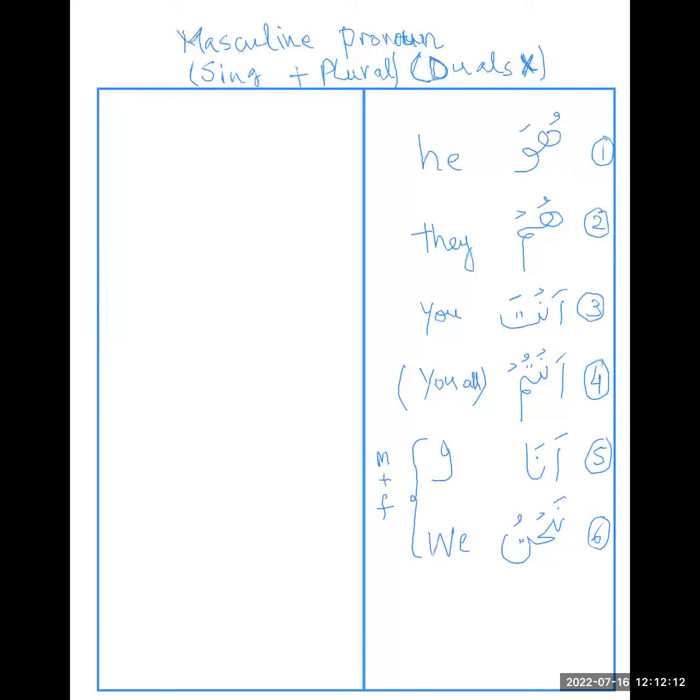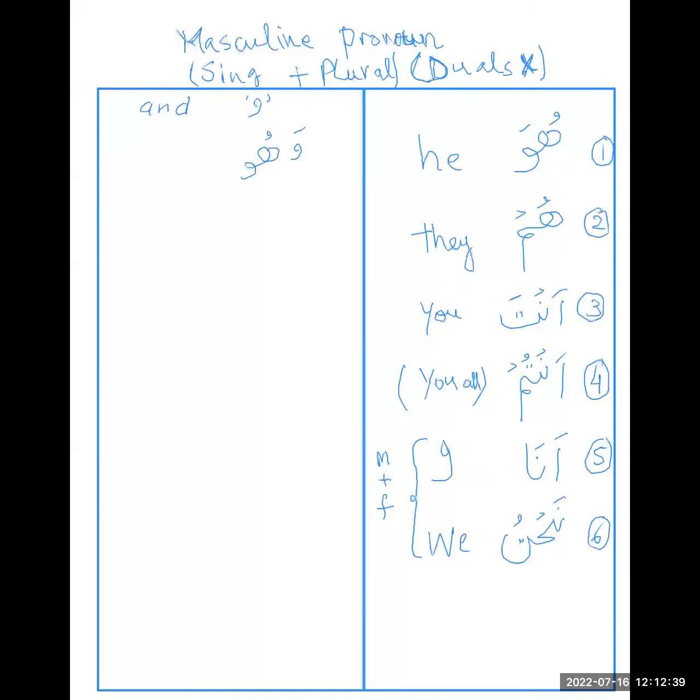Okay, so now we will do another word, which is wa. Wa means and, okay? Wa means and. If we take wow and attach it with these pronouns, you would know the meaning.